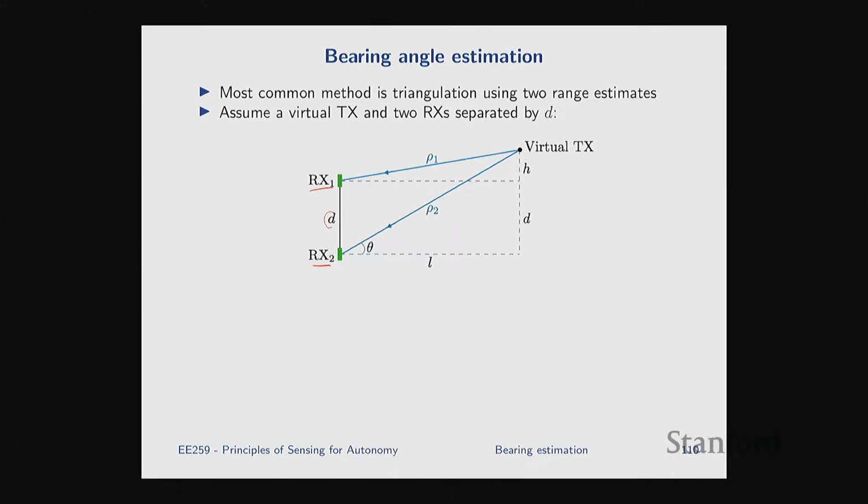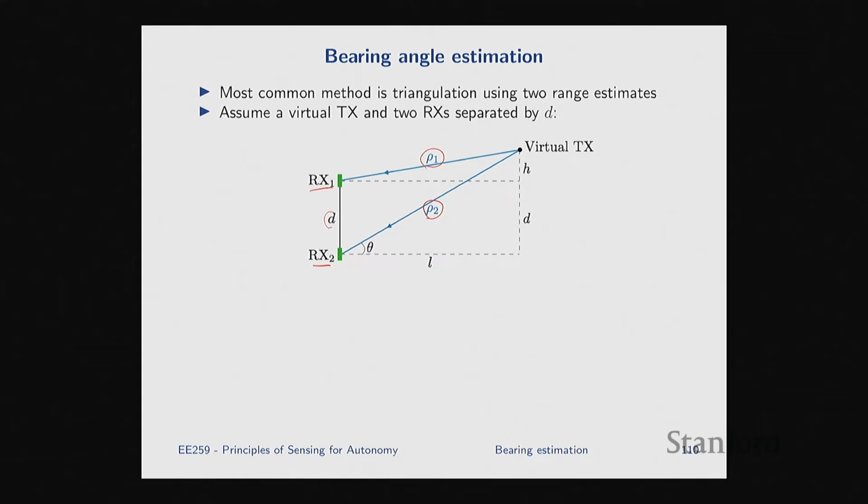Let's say we know the echoes received by the two RXs correspond to the same physical target. Because they're located at different positions, the range rho that the two receivers estimate is going to be different, right? So RX1 is going to estimate some range rho1, and RX2 is going to estimate some range rho2.